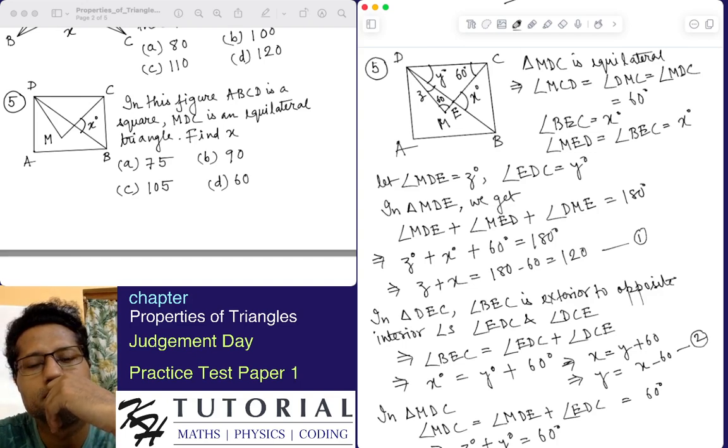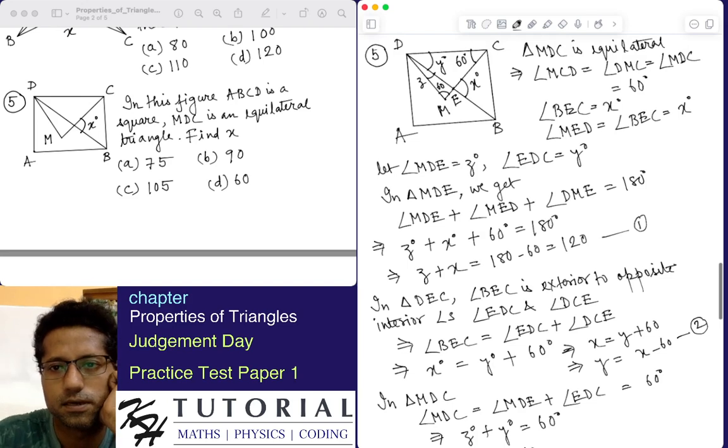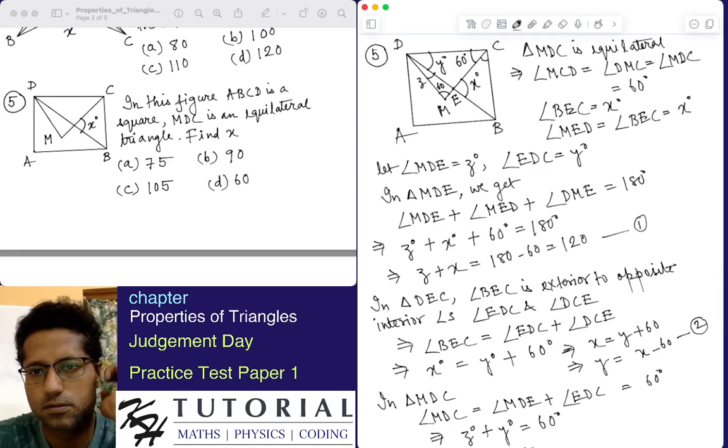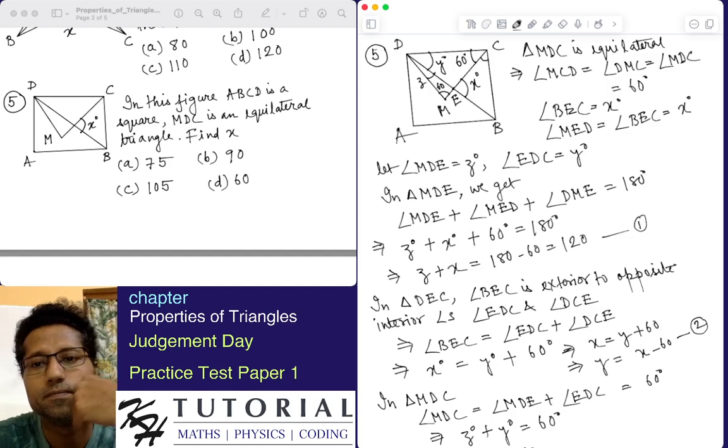Y plus Z. Angle MCB is 30. This angle has to be 30 because all the angles of the square are 90 degrees. Is it helping anywhere?